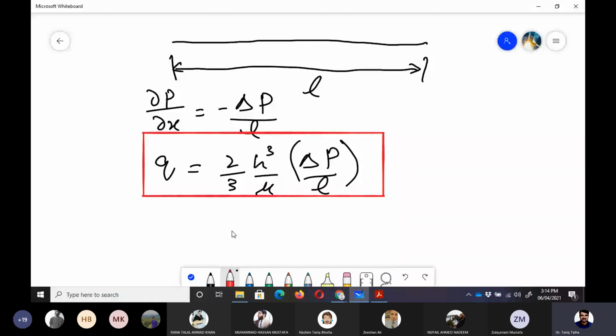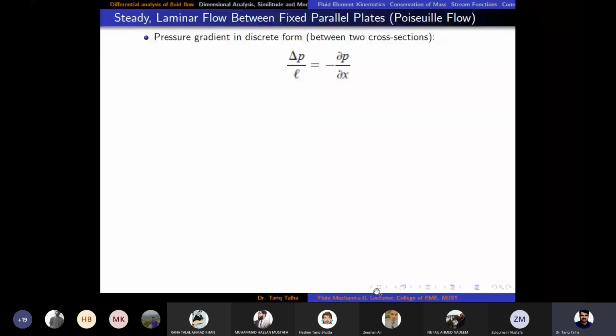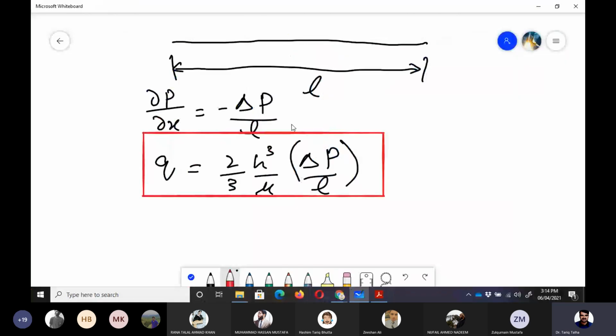So this is the relation which can be written in terms of delta P. Now I have explained what is delta P. That is the pressure drop between 2 points. So the volumetric flow rate can be written as 2 by 3 h cube by mu into delta P divided by L. So the same relation is written here.